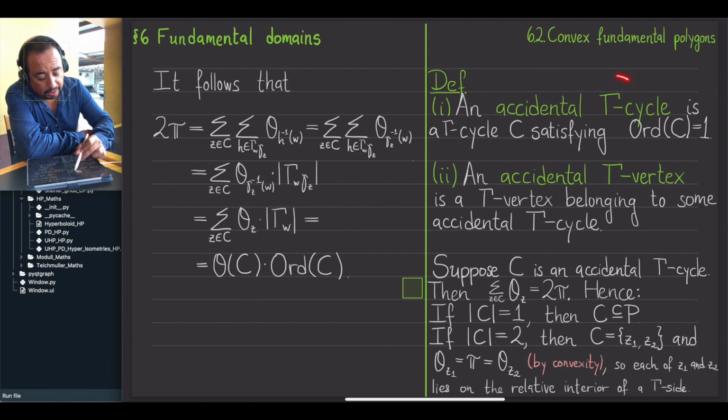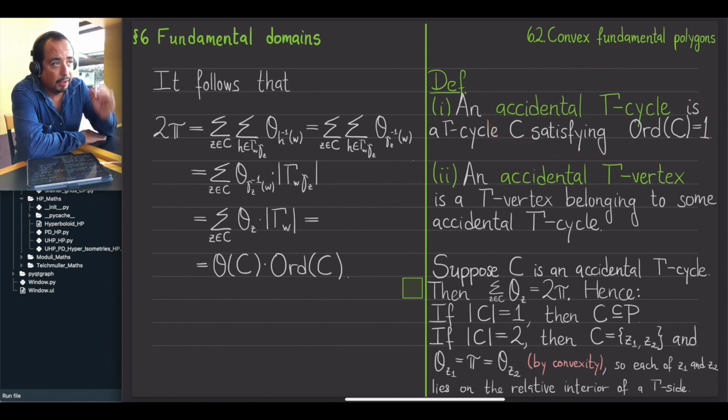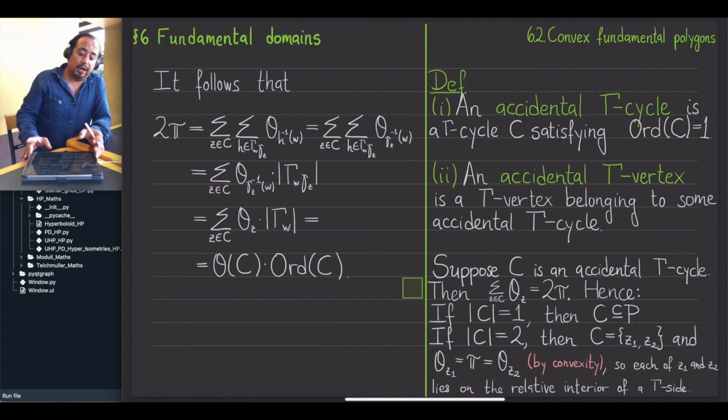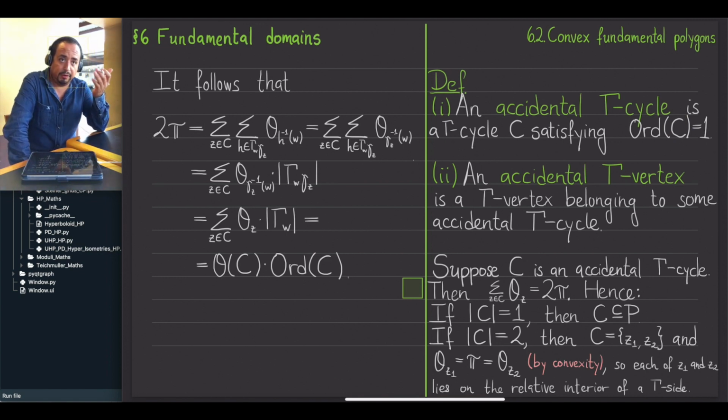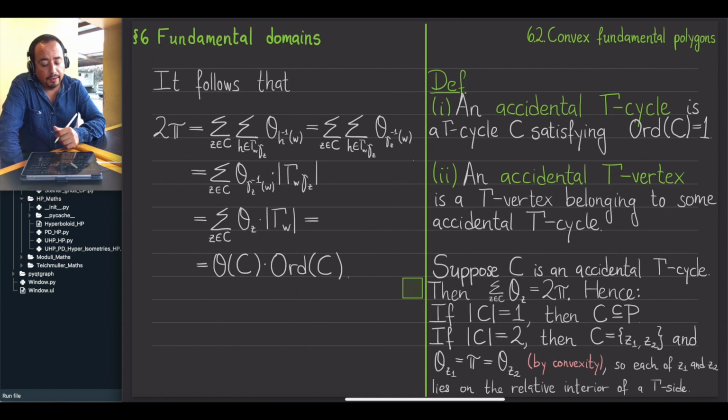So an accidental gamma cycle is a gamma cycle whose points have trivial stabilizers. Notice that this doesn't prevent C from having many points. I mean, as we just saw, some accidental gamma cycles may have two elements, for instance. That's what we just saw. And an accidental gamma vertex is a gamma vertex whose gamma cycle is accidental.